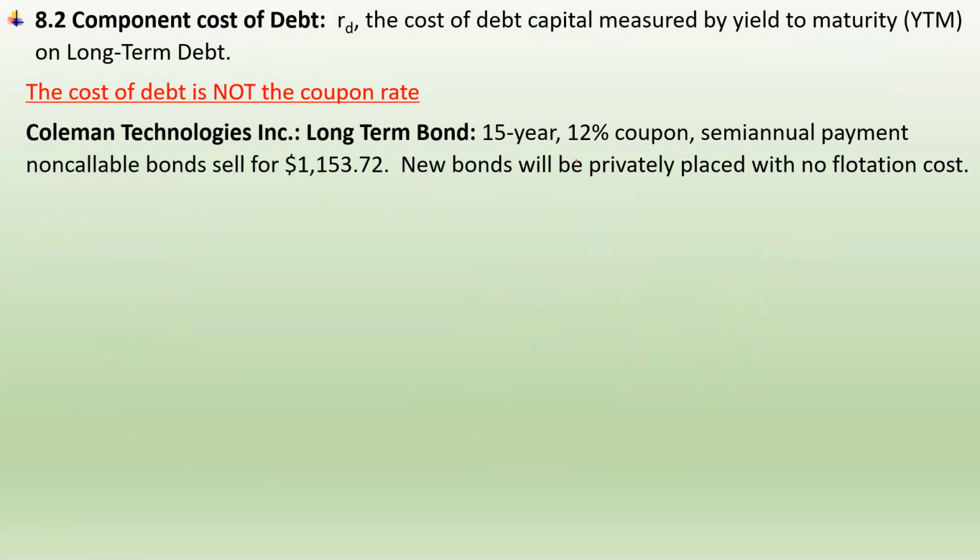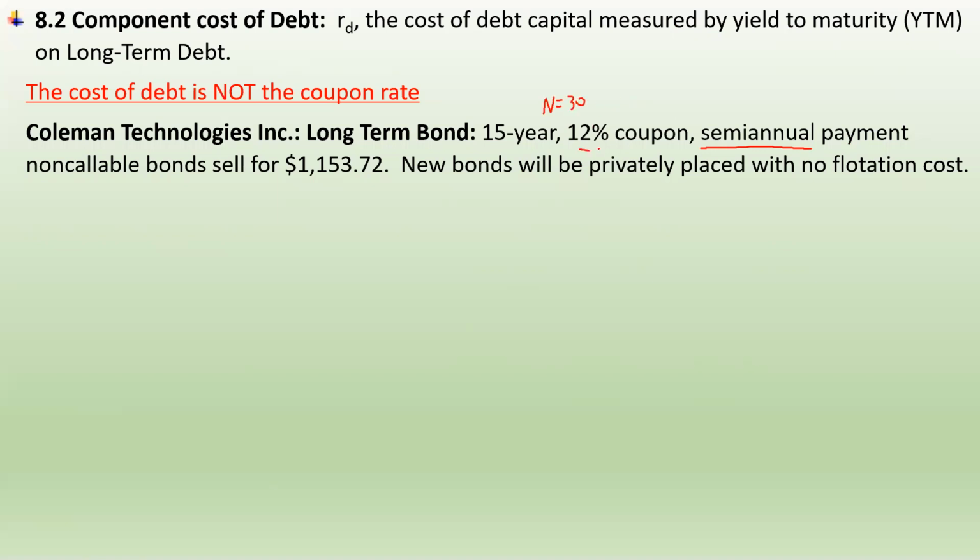The long-term debt for this company is 15 years, 12% coupon, semi-annual payment. The bond price is $1,153.72. Because it's semi-annual, the total number of coupon payments is 30.